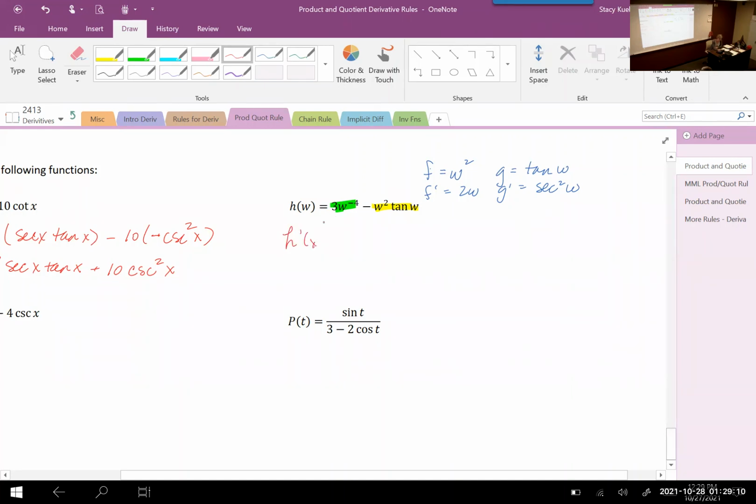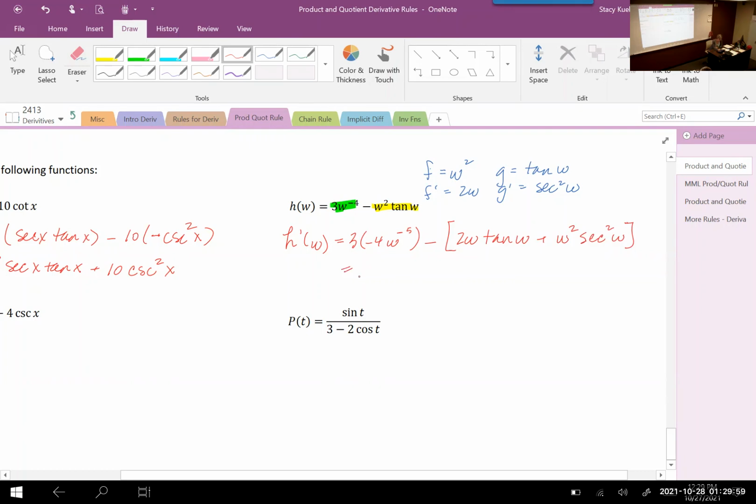So the derivative of h, for the first term, we just use the power rule, which would be 3 times negative 4w to the negative 5, minus, and then here we have the derivative of f, 2w times tan w, plus f, which is w squared times the derivative of g, which would be secant squared w.